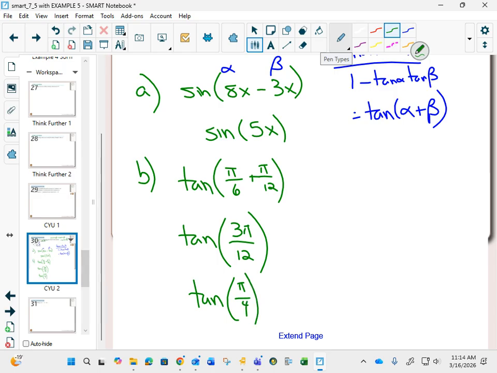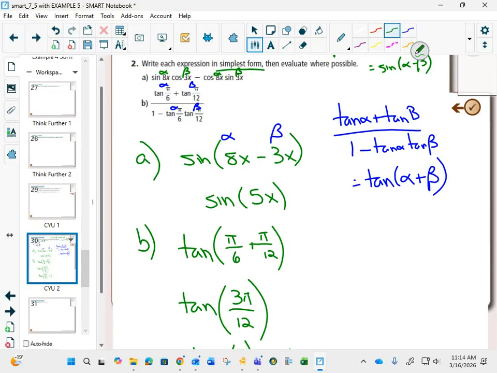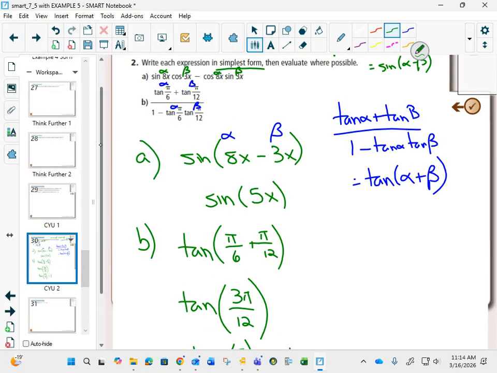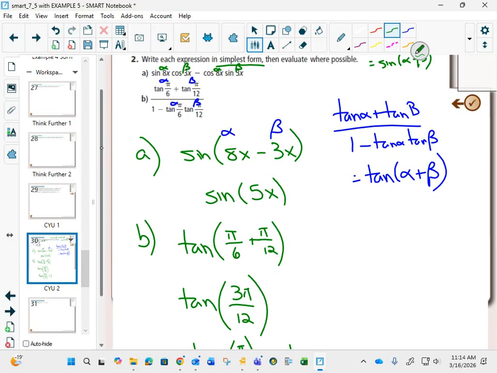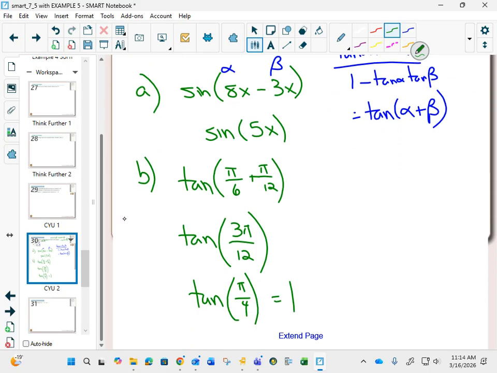What is tan of pi over 4? 1. That is a lot simpler than what you started with. Tan of pi over 6 plus tan of pi over 12 divided by 1 minus tan of pi over 6 tan of pi over 12 will equal 1. You could type it into your calculator, but the simplification made us able to do that without a calculator. All right, circle questions 4 and 5.